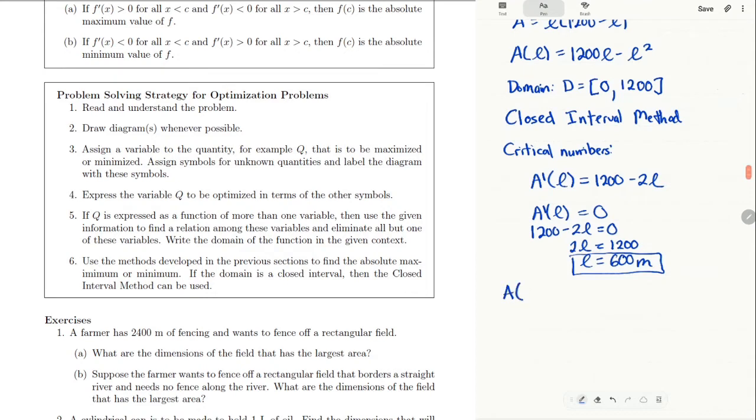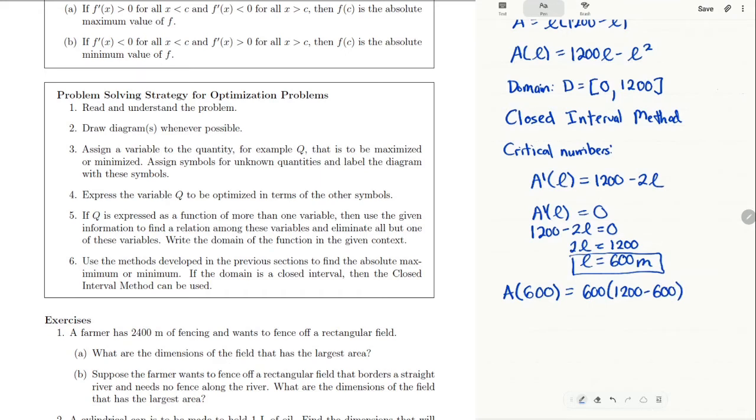And the next step is to evaluate our function at this critical number. So the area of the fence when the length is 600 meters is going to be 600 times 1200 minus 600.